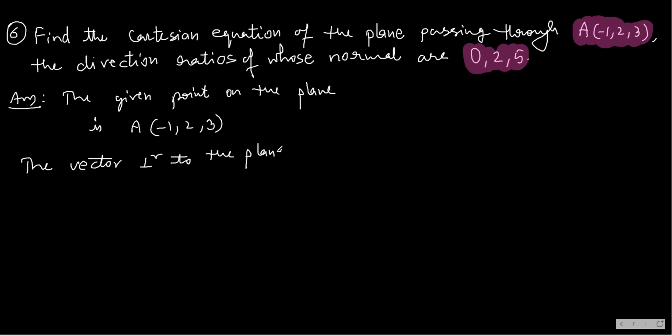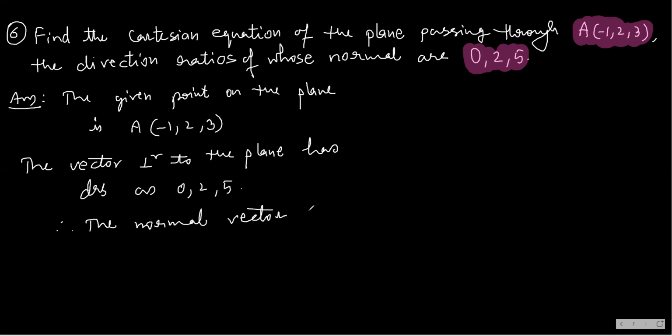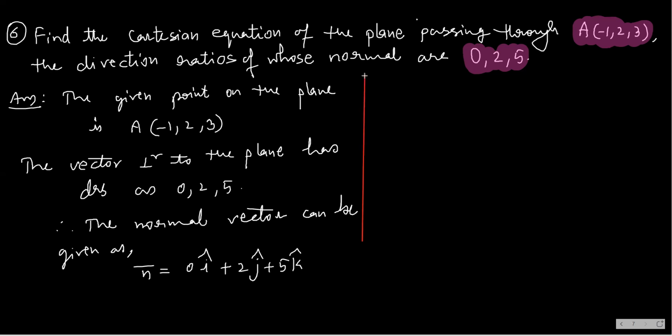The vector perpendicular to the plane has DRs 0, 2, 5. Therefore, the normal vector can be given as n bar equals 0 I cap plus 2 J cap plus 5 K cap. After this, you know everything, my dear students.